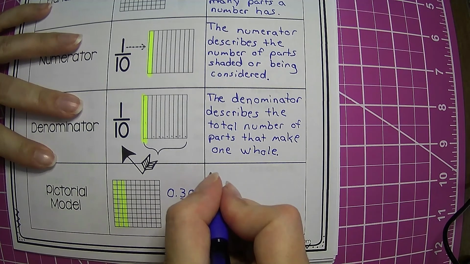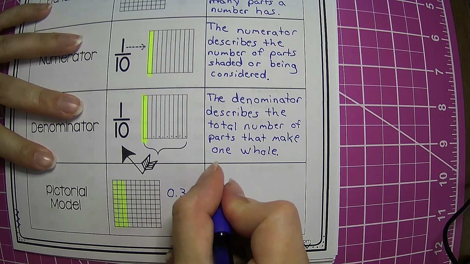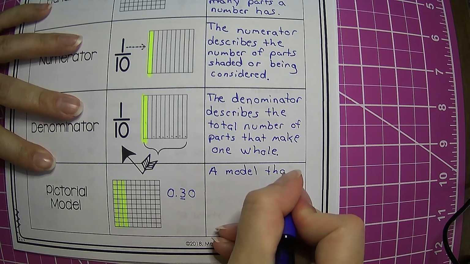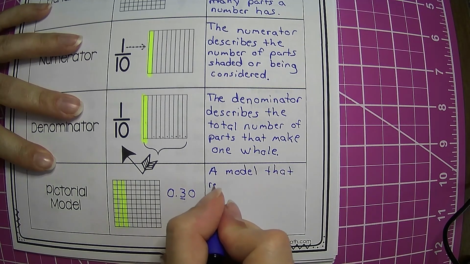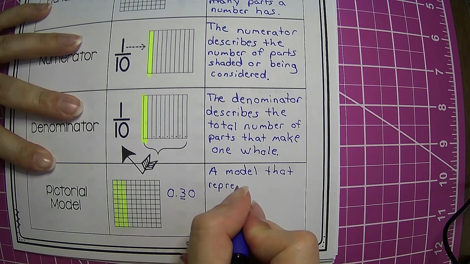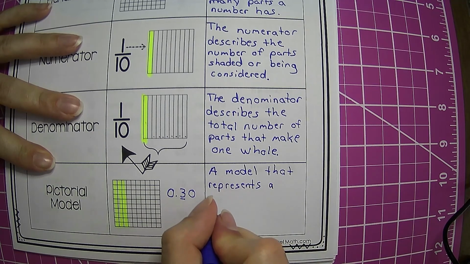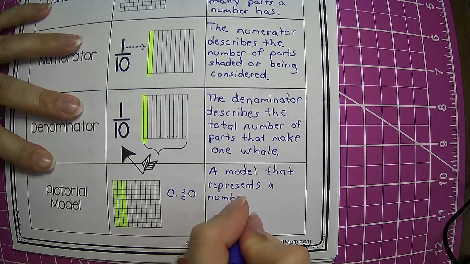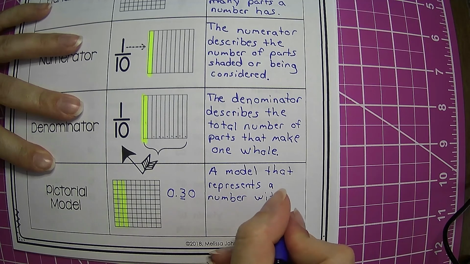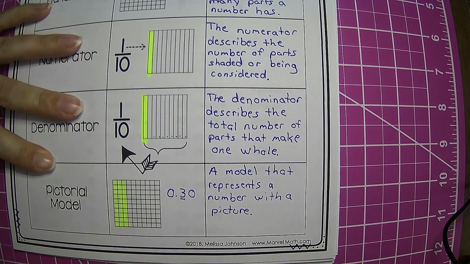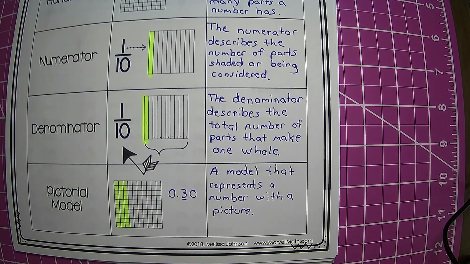So a pictorial model is a model that represents a number with a picture. All right, and that is our vocabulary part of our place value unit.